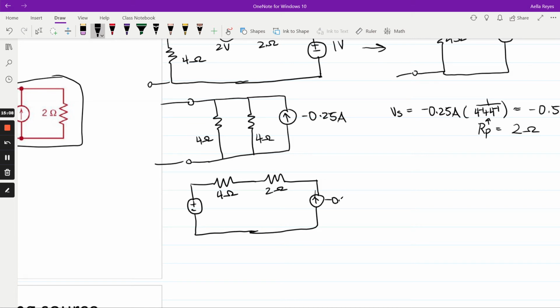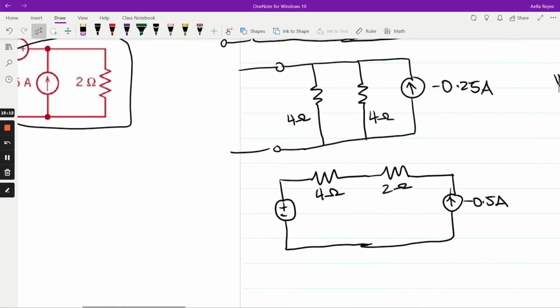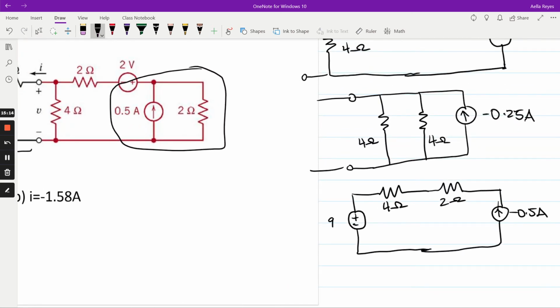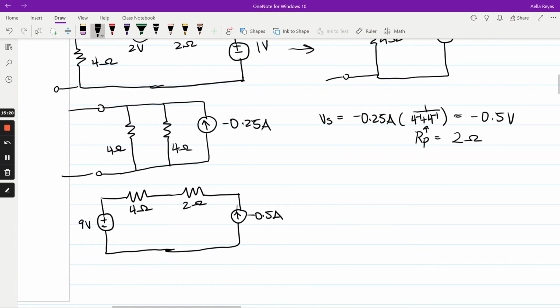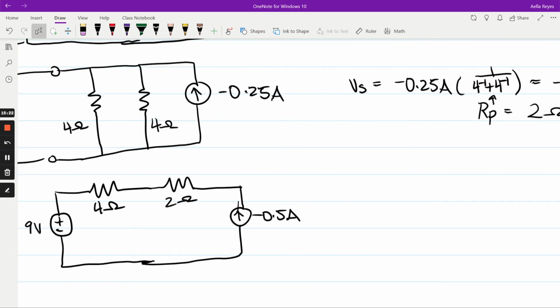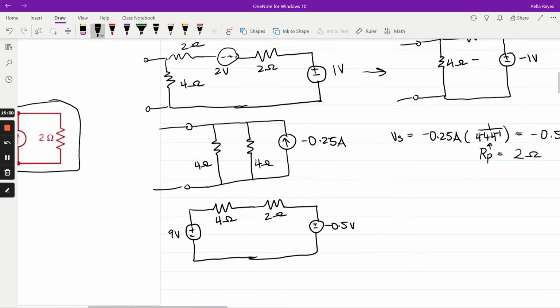And this is negative 0.5 amps. Oh, I forgot to put the 9 volts here. Also, that is not amps. Yikes. This is a voltage now. So sorry.